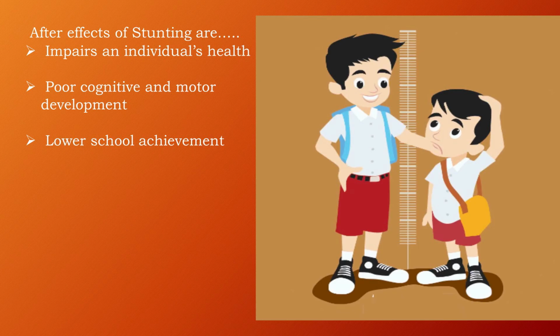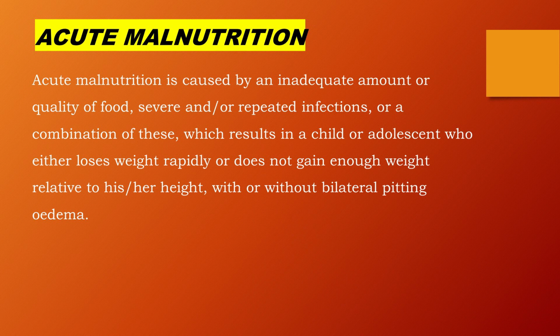The second thing which you can see under the anthropometry for this age group, the first effect we have seen is stunting. So, where anthropometry can play an important role, one is stunting, second is acute malnutrition. Now, what is acute malnutrition and how can it occur? Acute malnutrition is a result of inadequate amount or quality of food, severe infection or repeated infection.